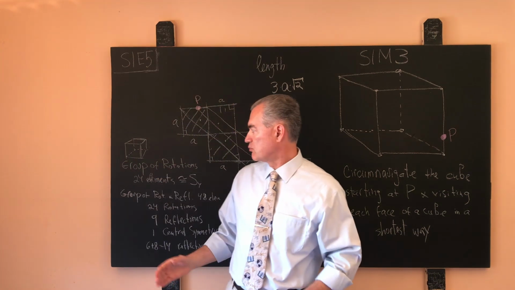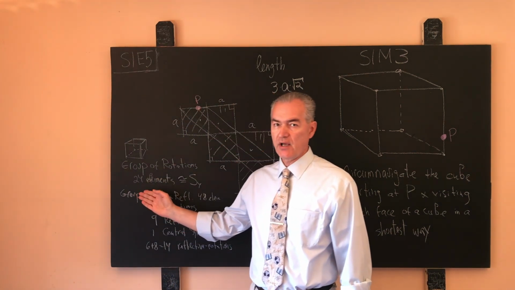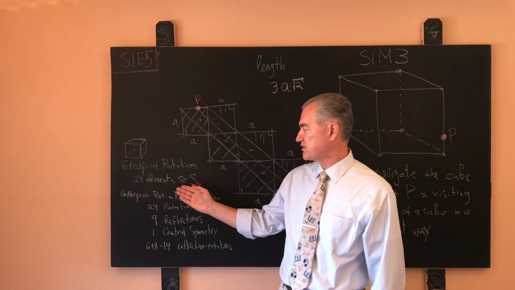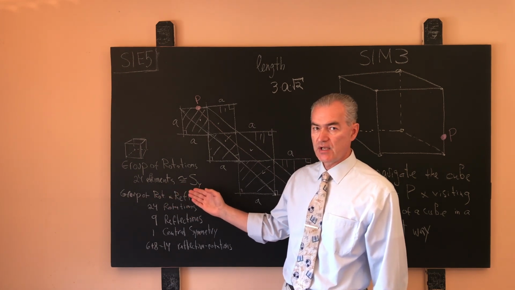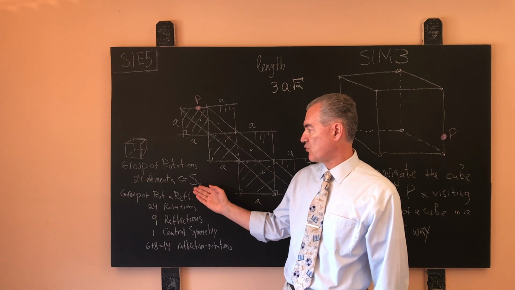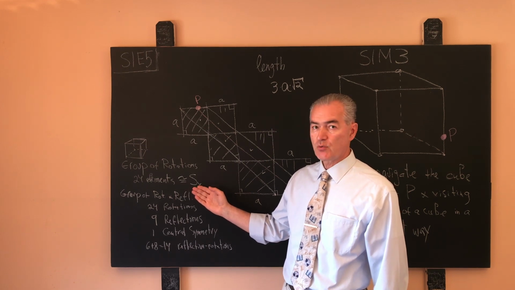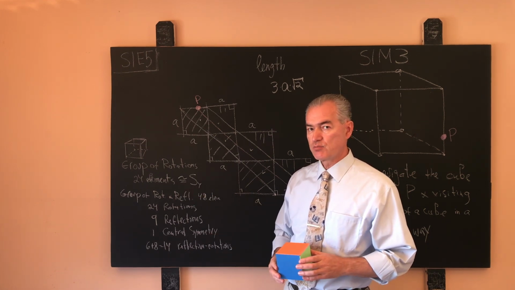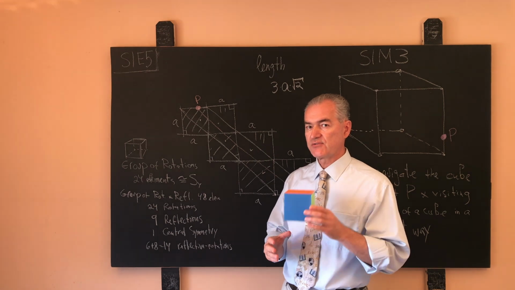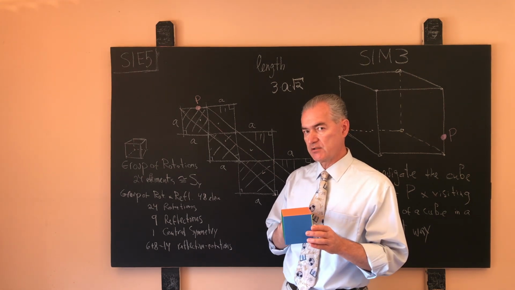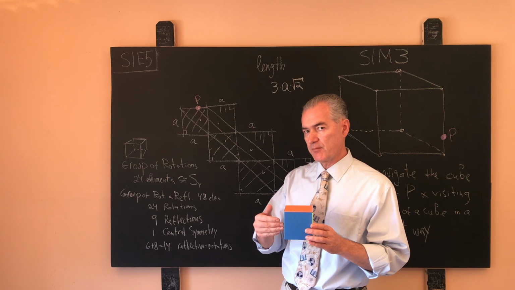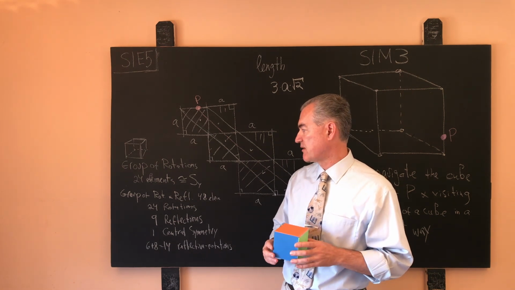That particular group has 24 elements in it, and that group is isomorphic to the so-called symmetric group S4. And it is also possible to study the group of rotations and reflections of a cube in 9 of its planes of symmetry.